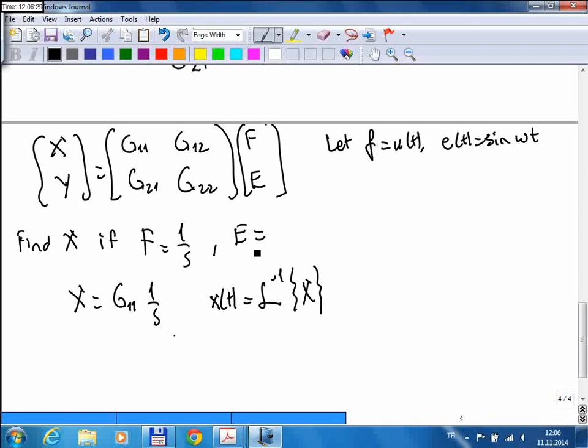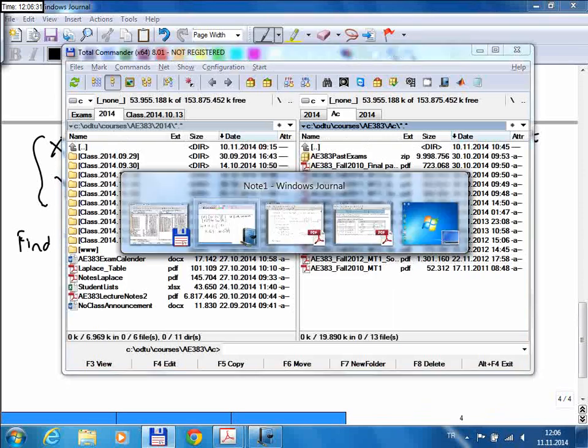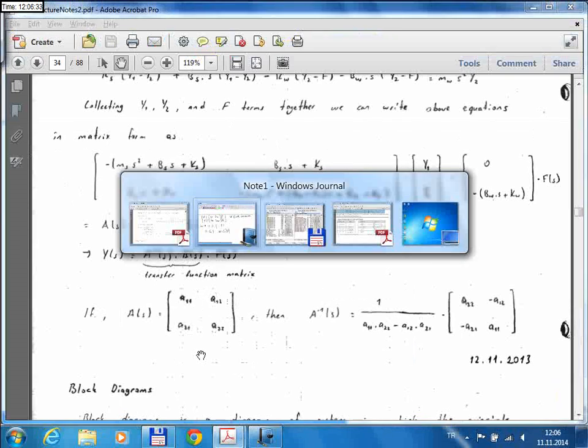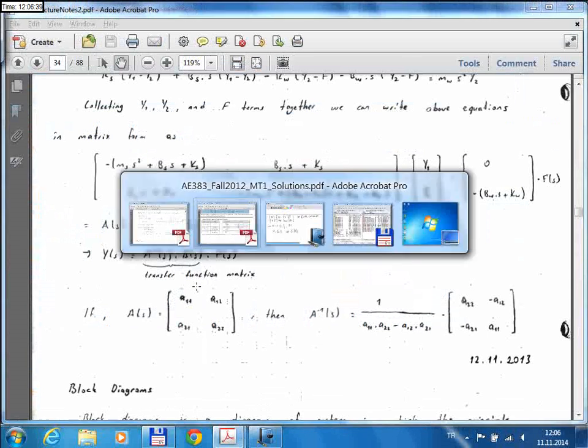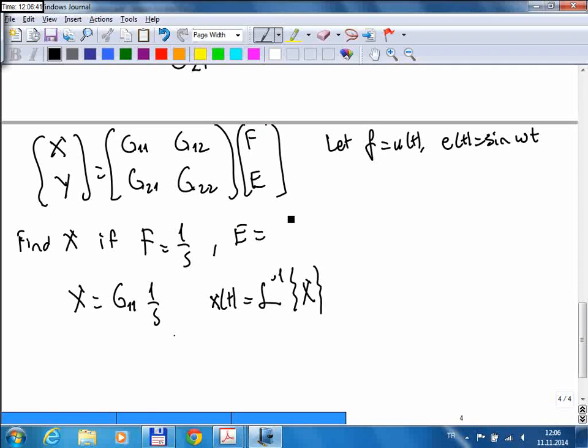Then E is the Laplace transform of sine omega t. So we should be omega over s squared plus omega squared. So I think this is better. So this is going to be plus G12 times this thing.